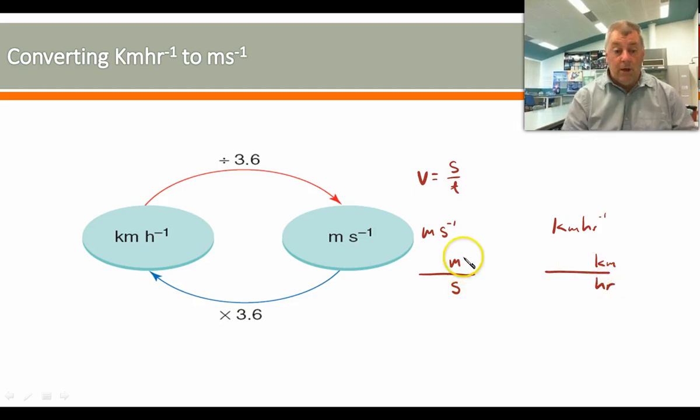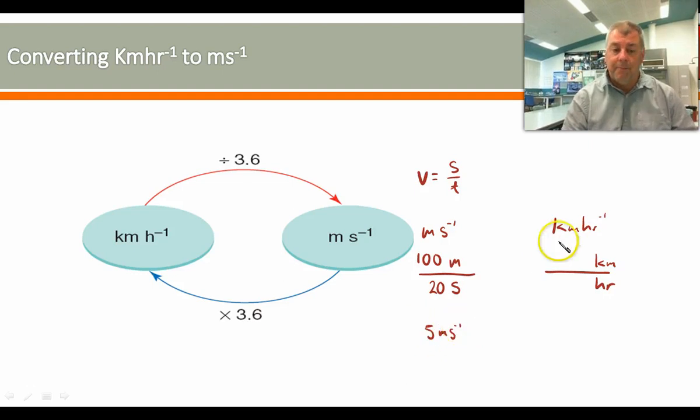Quite simply, if you have meters per second, to convert it to kilometers per hour, you convert what you have in meters into kilometers. So if we had 100 meters, for example, and let's say 20 seconds, what would that give us? 5 meters per second.